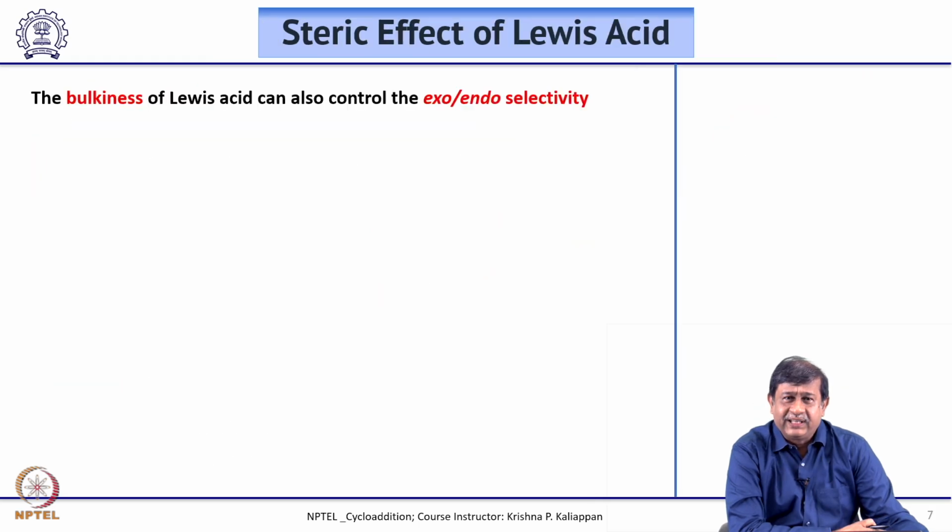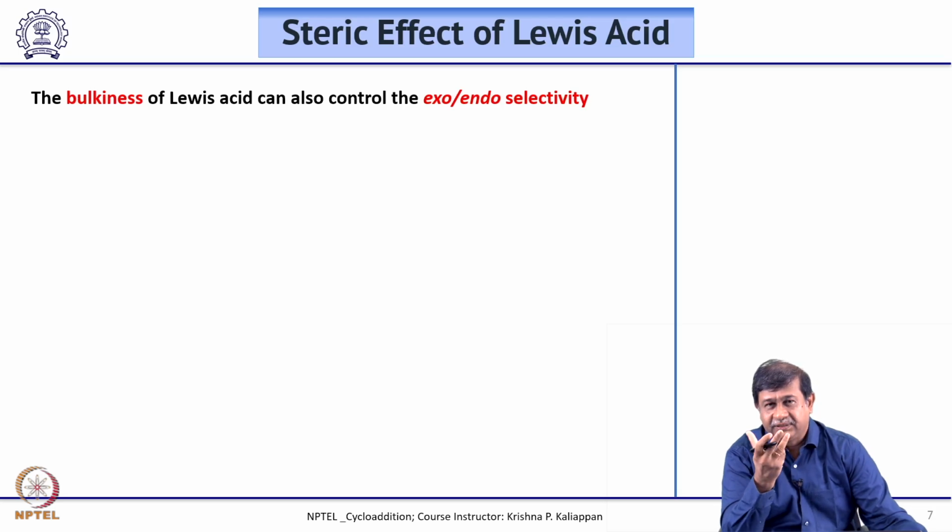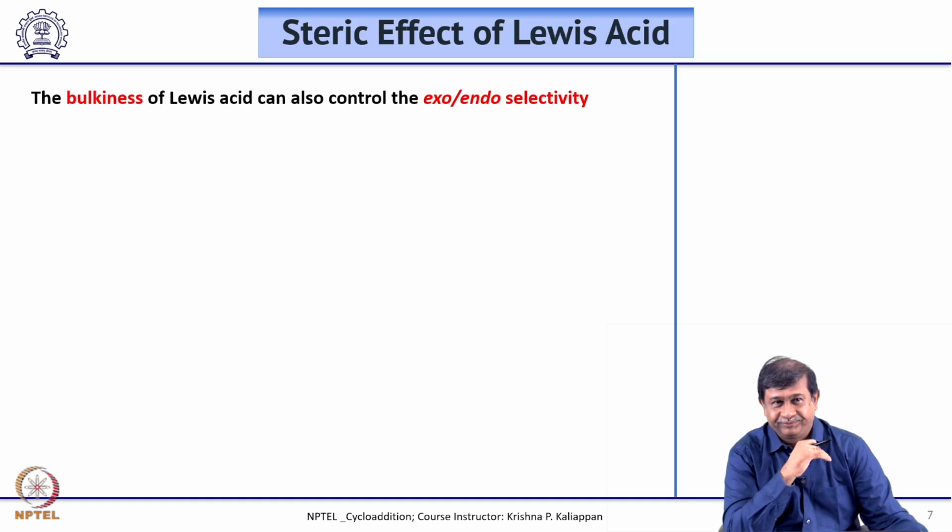When you talk about Lewis acid, the Lewis acids are also of several types, and particularly from the size point of view, some Lewis acids are small in size, some are really bulky. So, does the bulky nature of the Lewis acid have any effect on the regio and stereochemical outcome? Okay.